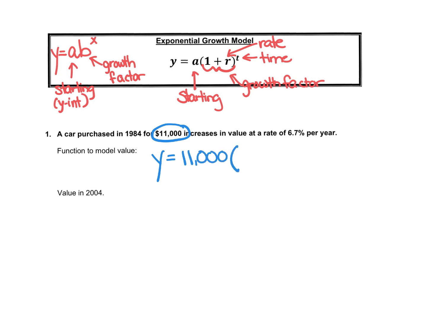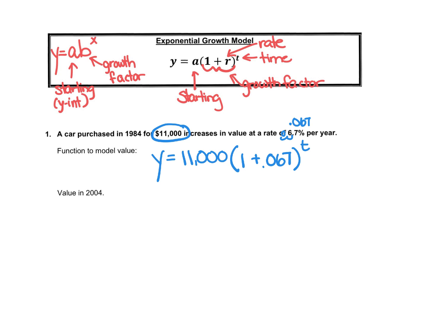And it's then increasing at a rate of 6.7% per year. So let's go ahead and turn this into a decimal so that we can work with it. So we're going to have 0.067 per year. All right, and so we're going to have 1 plus our rate of 0.067 per year, and then this is going to be our time in years.